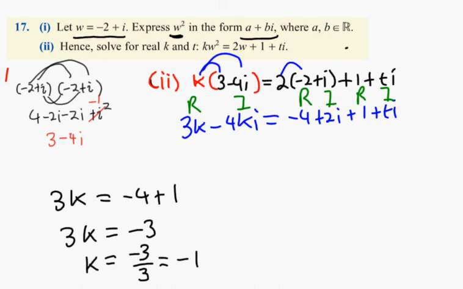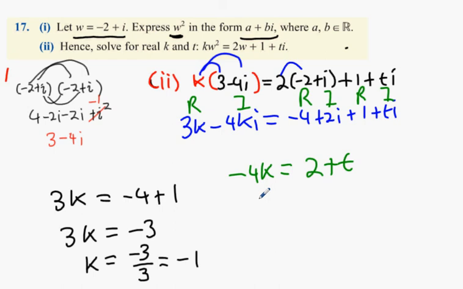Okay, what is the imaginary equation? Minus 4k equals plus 2 plus t.